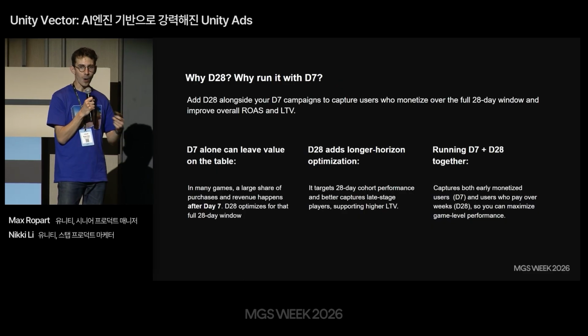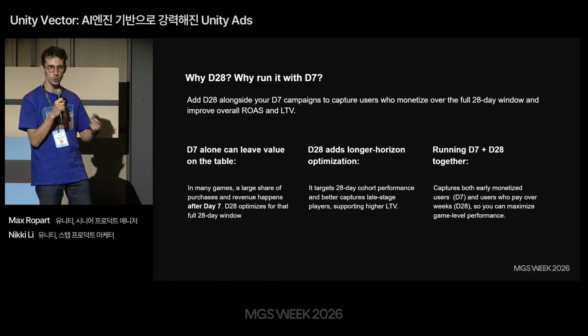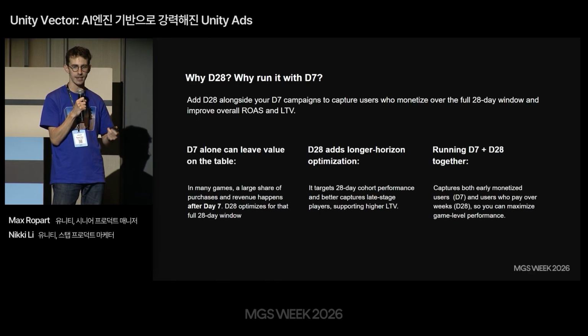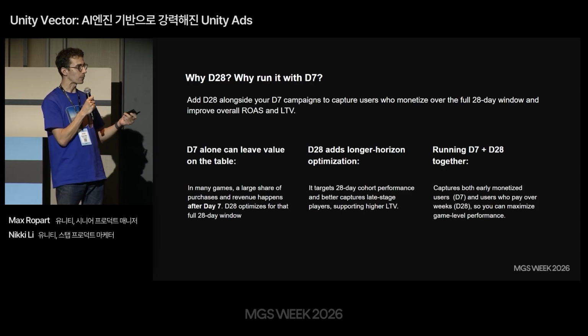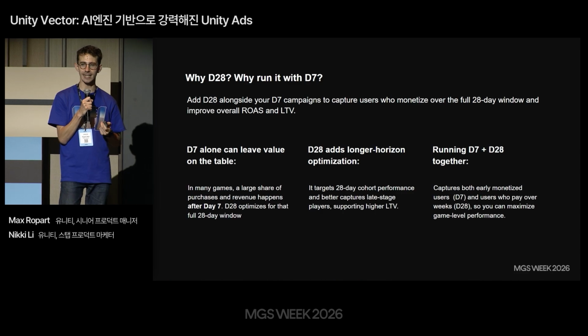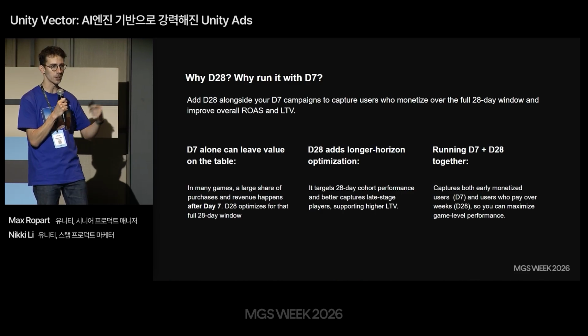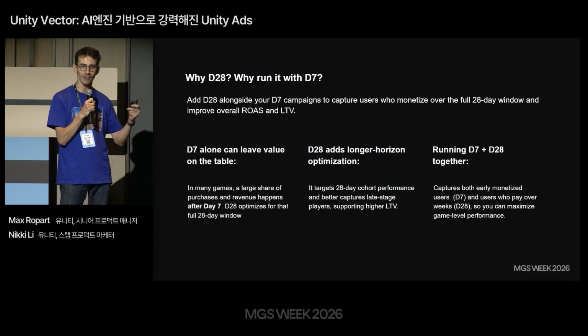Now the question is why incremental is important and why do we build new models and new products at Unity for this? The D7 product and what we have is a goal to target the users that are going to engage early inside the game or application. D28 on the other side focuses on long-term conversion, long-term value.